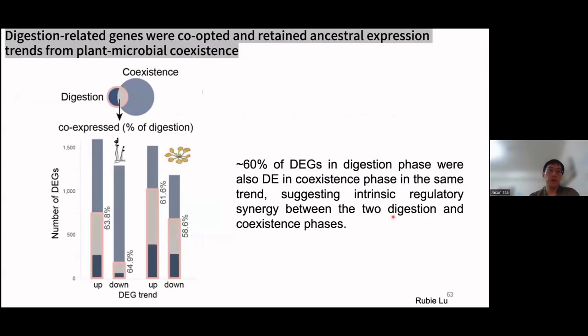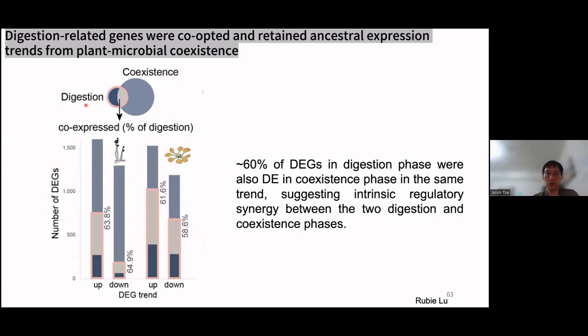Okay, so by comparing the transcriptome response of the coexistence and digestion process in the plant, approximately 60% of differentially expressed genes in the digestion phase were also significantly expressed in the coexistence phase, and in the same trend. So if it's upregulated in digestion, it is also upregulated in coexistence.